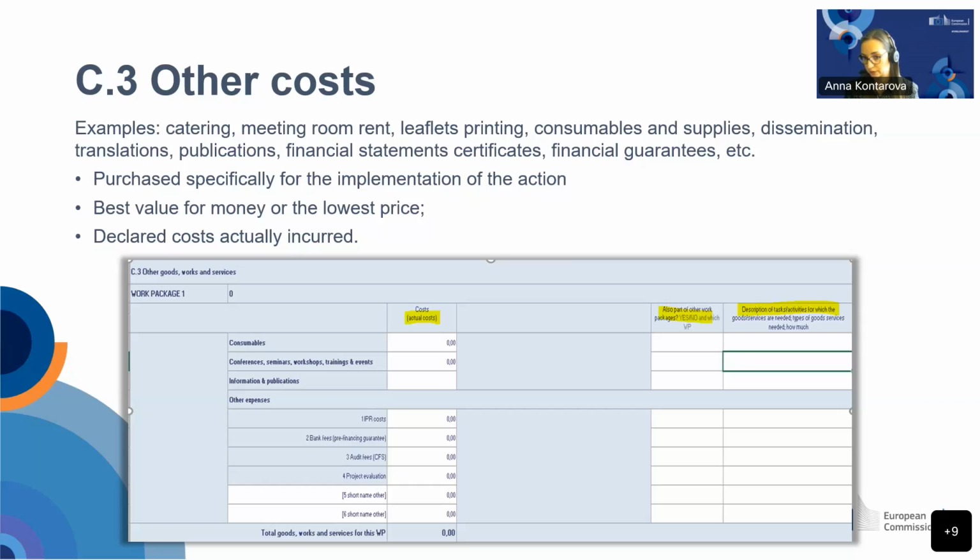You will put the estimated amount, plus in the description, you can write, for example, how much you expect for the catering, meeting rooms, rental, etc. If you have to provide a certificate for financial statements, then the cost is also to be budgeted here under audit fees CFS. Next slide, please.